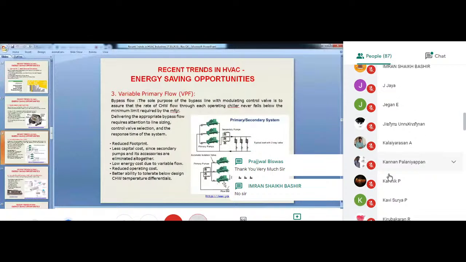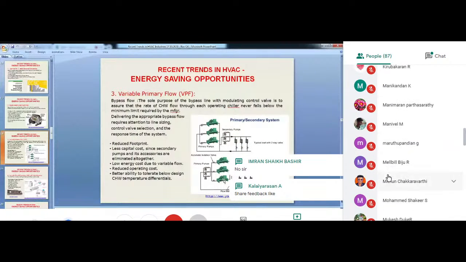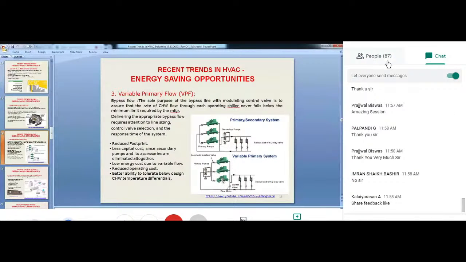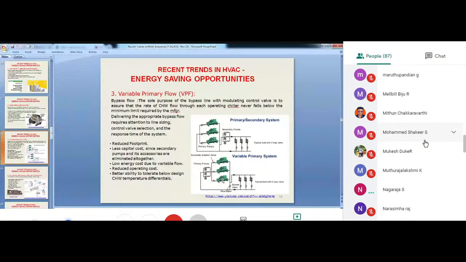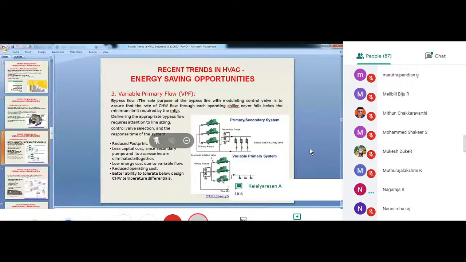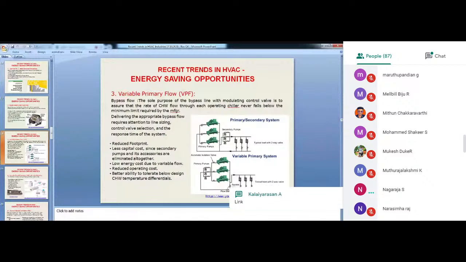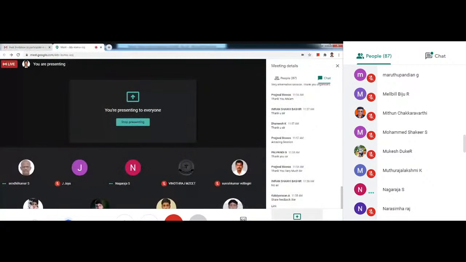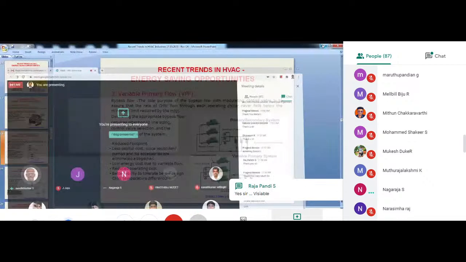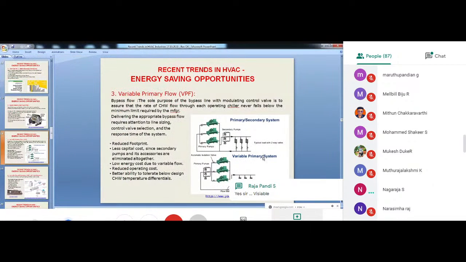Okay, this is upstream and downstream. Not visible, sir. I think it shows you are presenting. I hope I am presenting. Is it not visible? My screen, is it visible, sir?